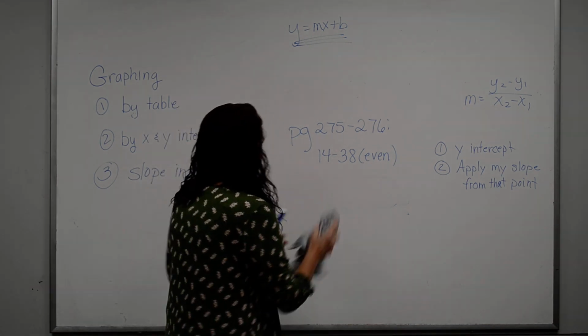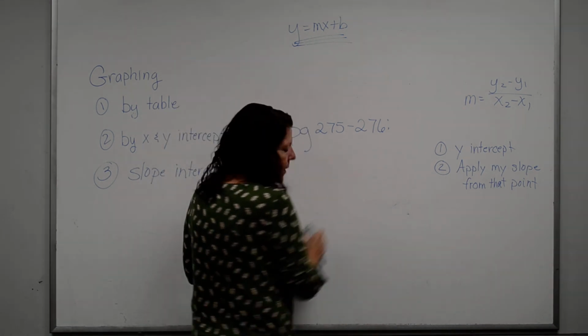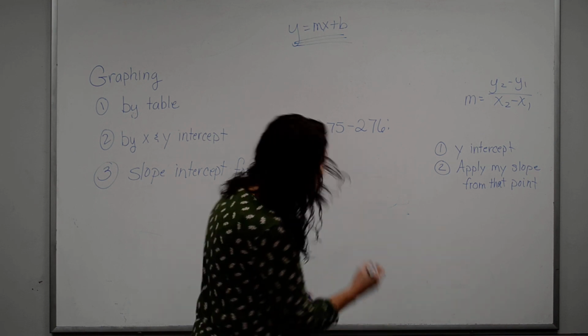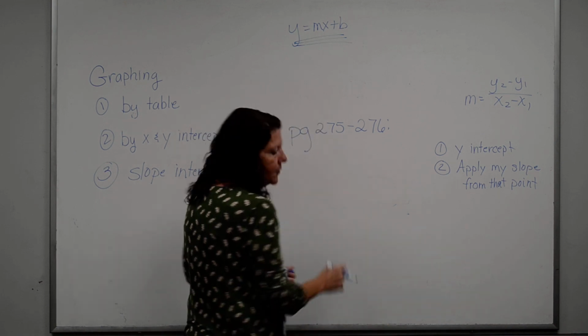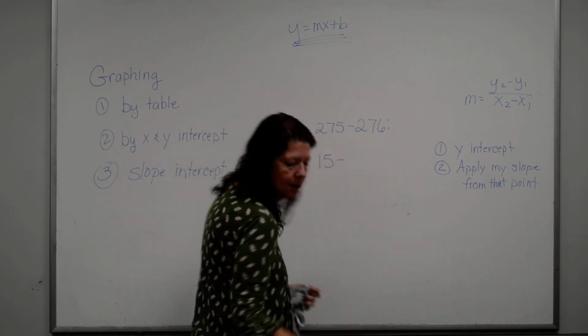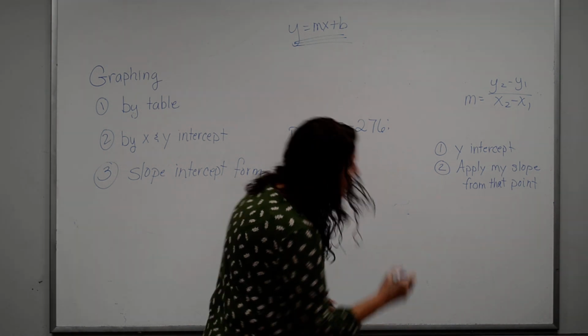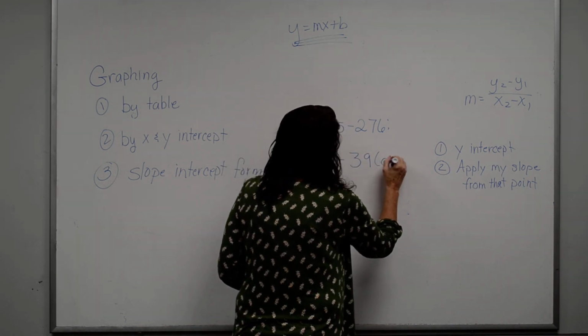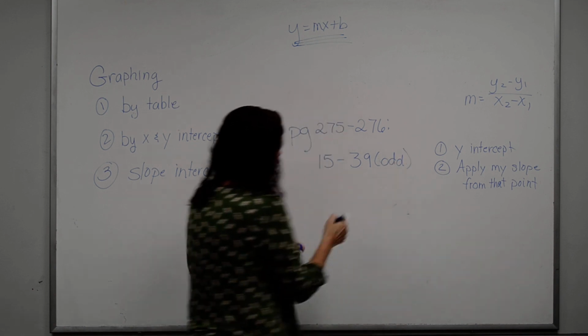Actually, let's change it. This way you'll be able to check it in the back of the book. The answers for the odd are in the back of the book. So let's again do page 275 through 276. Let's do 15 through 39 odd, I'm sorry. And so you'll be able to check your answers. Okay?